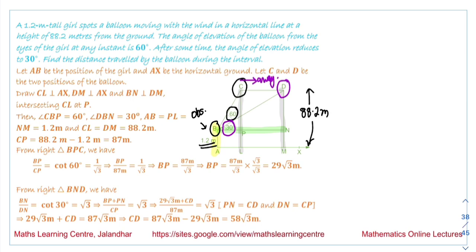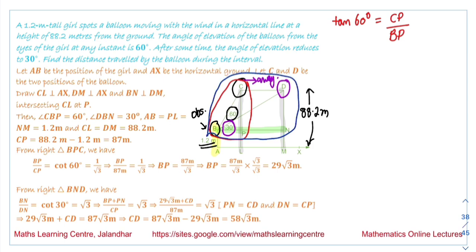Now in the triangle we are talking about, CBP, we have tan 60 degree, that is equal to CP over BP. And in the triangle BND, we are talking about this triangle over here, we have tan 30 degree, that is equal to DN over BN.